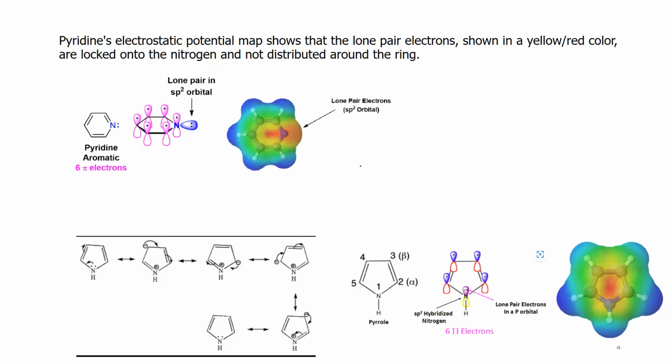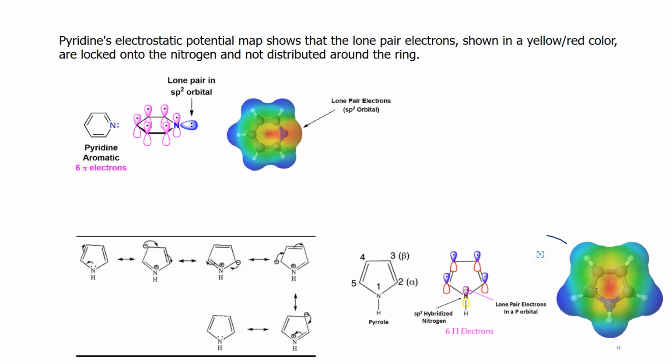Next, in the case of pyrrole, I have said that the nitrogen gets involved, as I showed in the case of thiophene. This is the proof that the nitrogen lone pair is involved in this case.